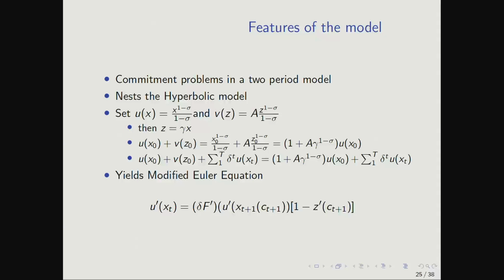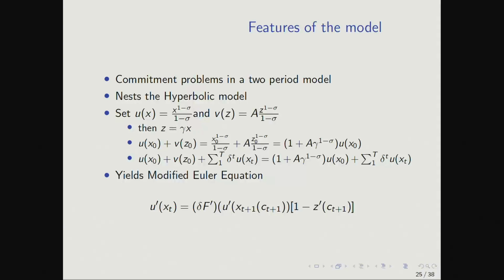When you maximize this problem, you can choose how much of x and z is going to be consumed in period 1. And what you're going to get for the consumption of x is like an Euler equation, except there is that term, which is a sort of consumption tax, temptation tax, sorry, temptation tax.